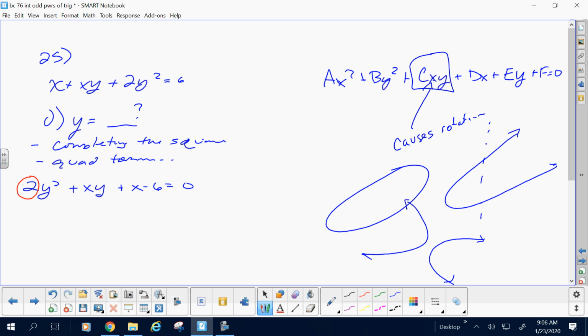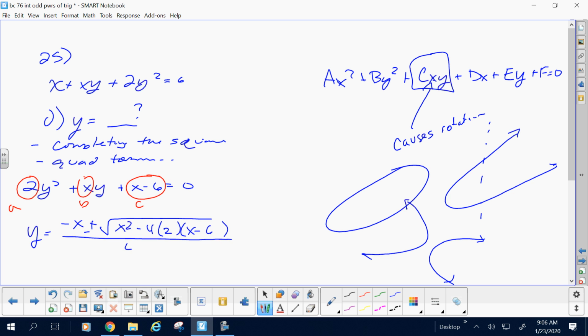In the quadratic formula, there's a, there's b, and this whole thing is c. Y then is, when I say negative b, it's actually negative x. I know that's weird to not see a number there, but it is what it is. B squared is x squared minus 4a, which is 2, and c is x minus 6, over 2a, which is 4.